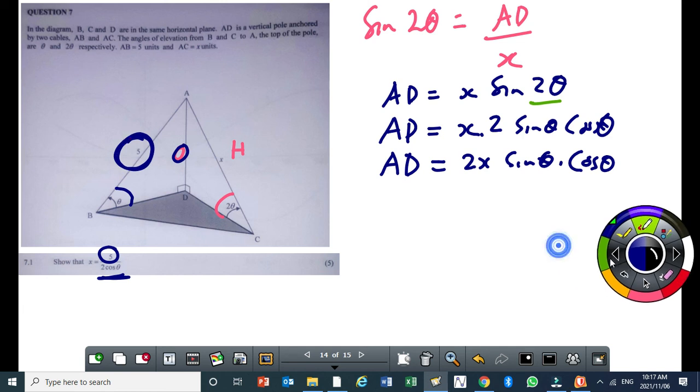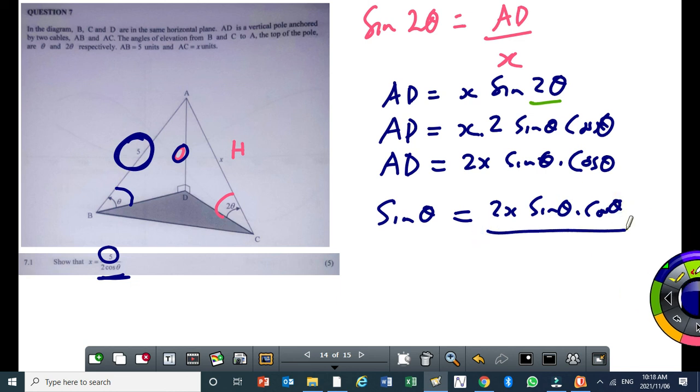So we can end up having sine theta is equal to the opposite side, which is AD, and AD is 2x sine theta times cos theta, all over the hypotenuse, which is 5.